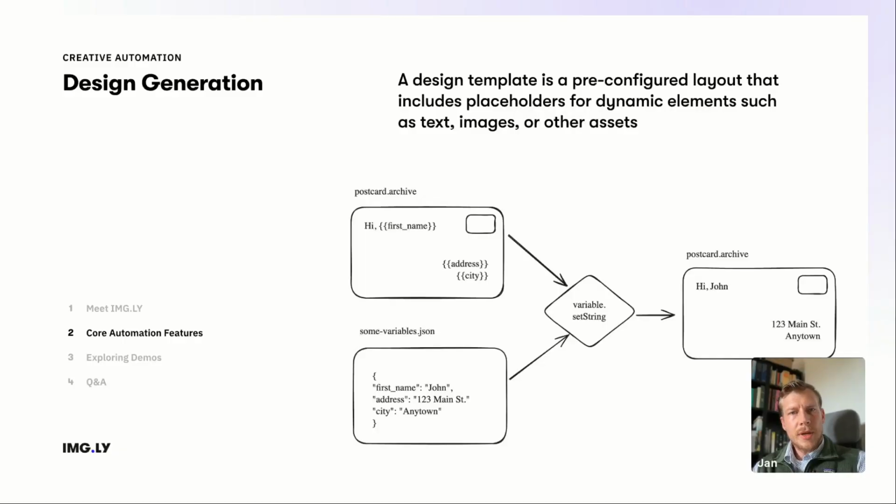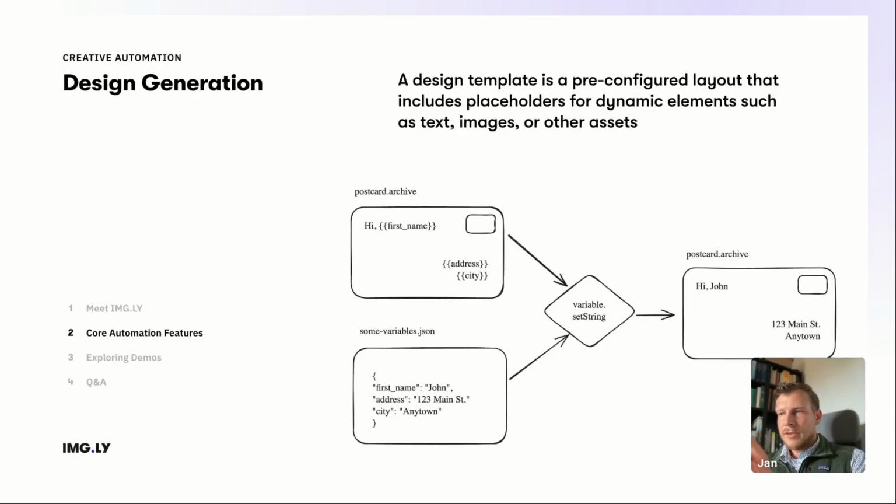But at the heart of automation capabilities is the ability to create templates that consist of a pre-configured layout that encodes design specs, such as brand consistency or anything you want to fix into the design, and then usually a dynamic aspect, whether you swap out a logo, an image, or, as in this example, a postcard with information about the recipient, a first name, an address.